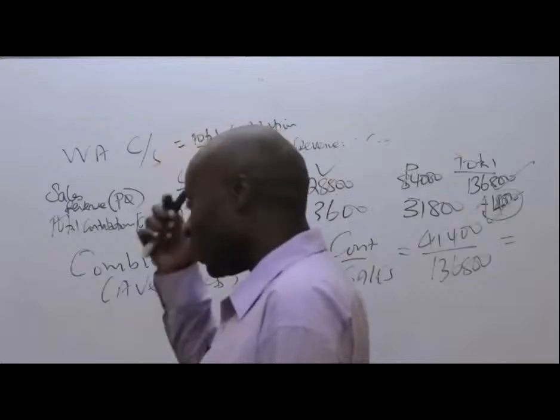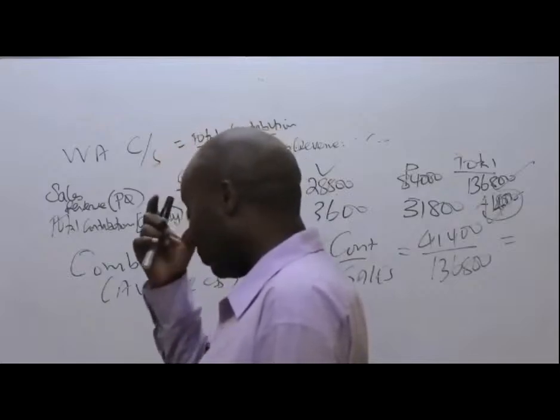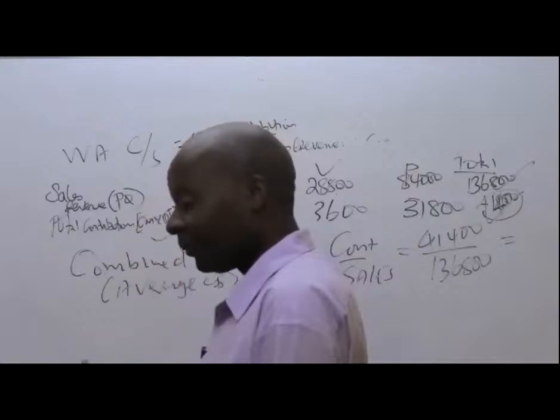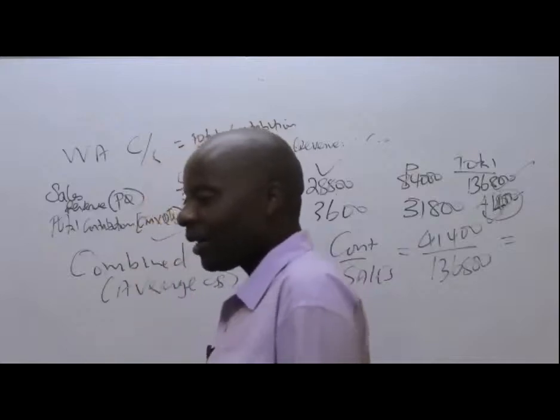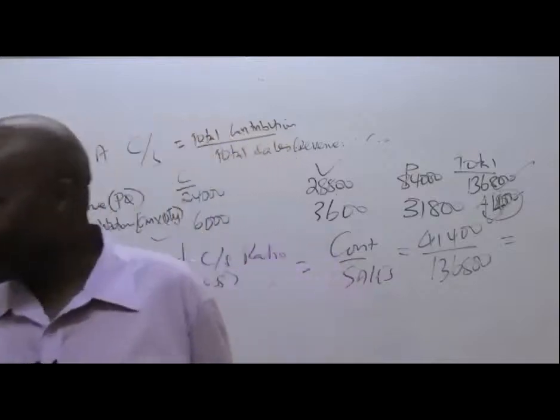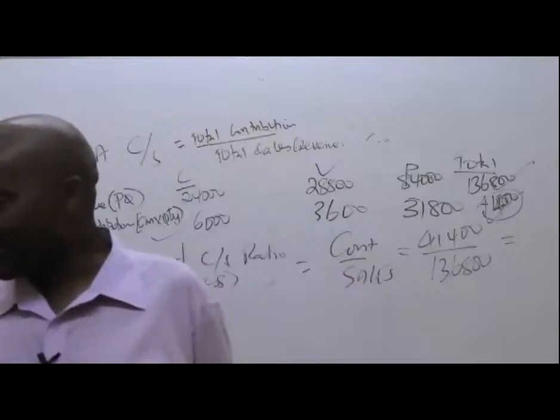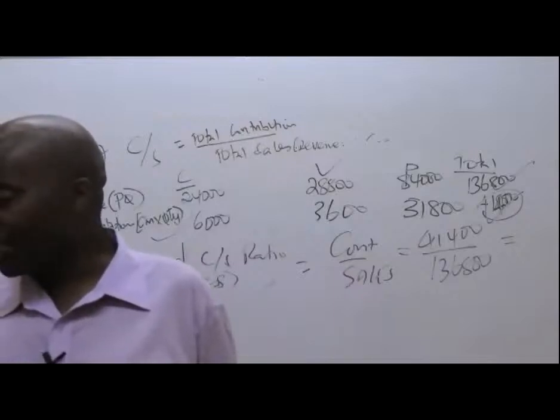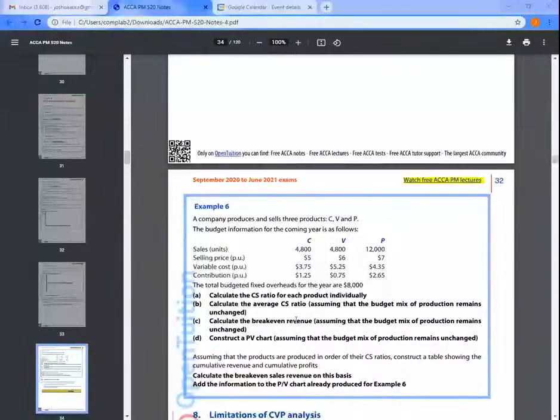How about this one? Where have we gone wrong? How about the CS ratio? Is there somebody who is able to pick the figure? Because now the contribution here is 1.25 times 4,800. What figure do we have?